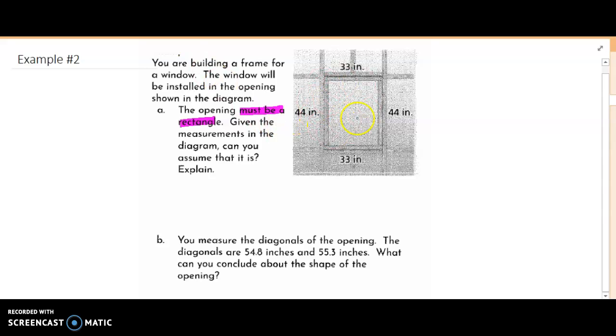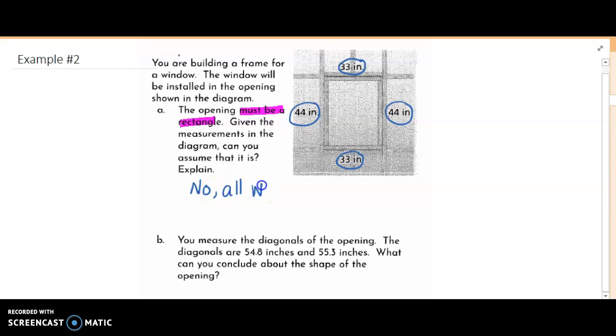All right, so we're shown this. All we know is that both pairs of opposite sides are congruent. We know nothing about the angles. So no, we don't have enough information to say this is a rectangle.